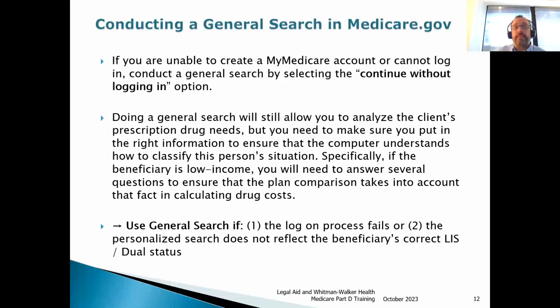And as it says at the bottom, you can use this general search process if the login fails, or sometimes you can log in, but maybe there's confusion or it doesn't reflect someone's correct LIS or QMB status. And so you can use the generalized search for that purpose as well, to get a more accurate sense of what their costs will be for next year.